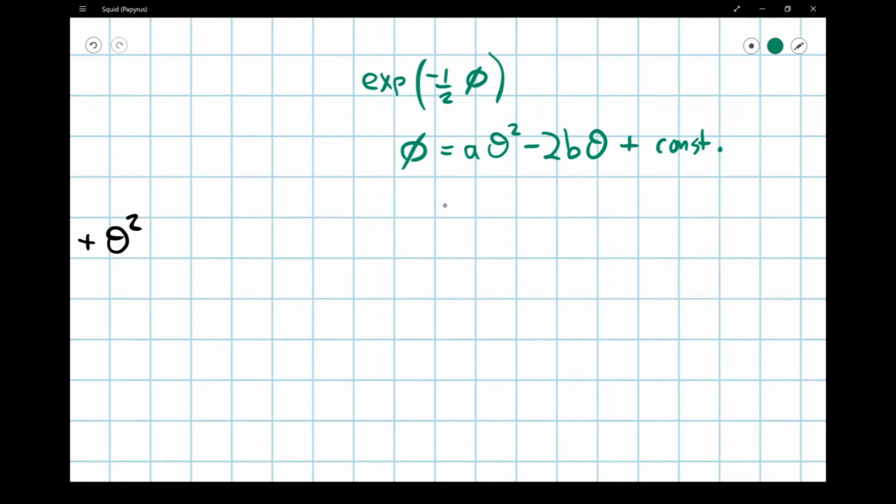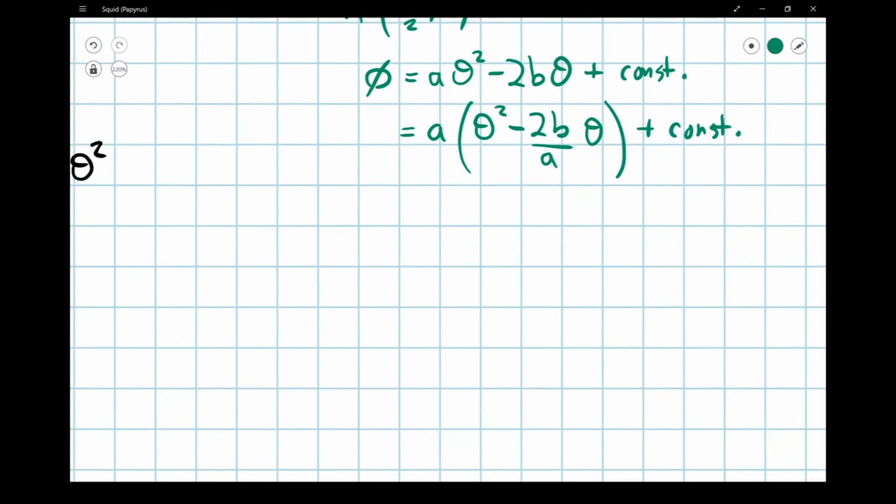That's because we can rearrange this. If we take a outside of these brackets, we now have theta squared minus 2b divided by a times theta, still plus a constant. Then it's easy to show that we can rewrite this as a times theta minus b over a, squared, plus a constant.